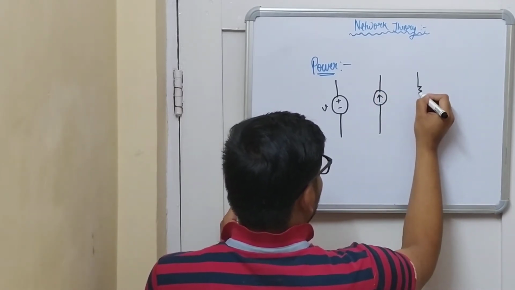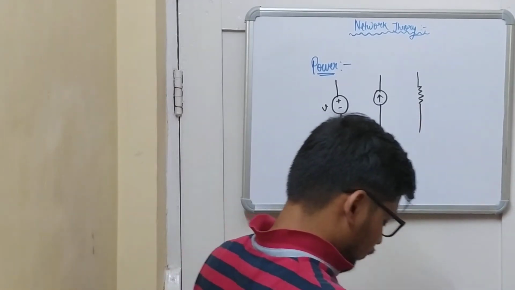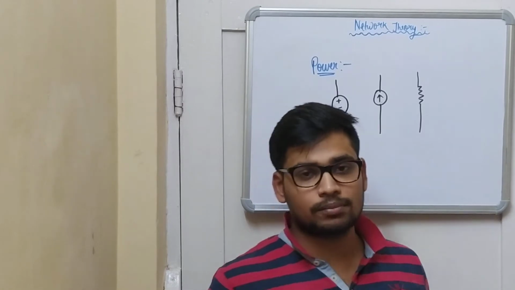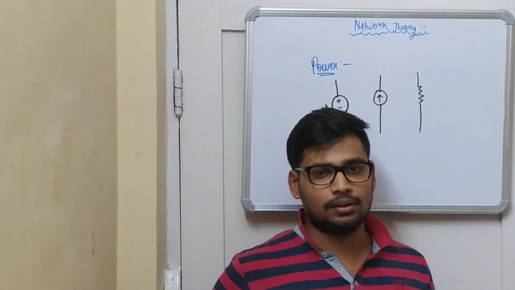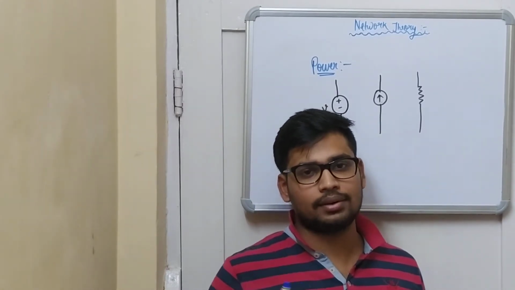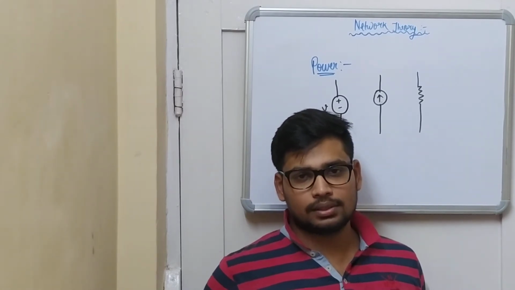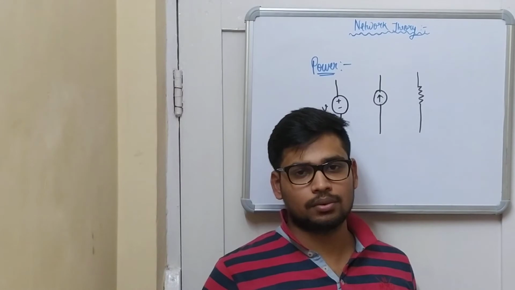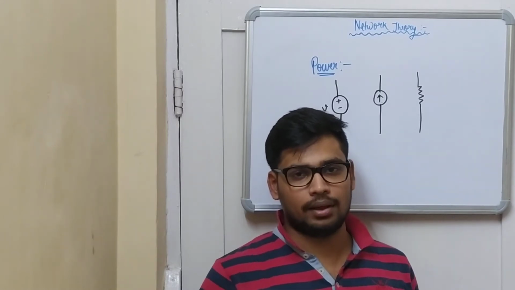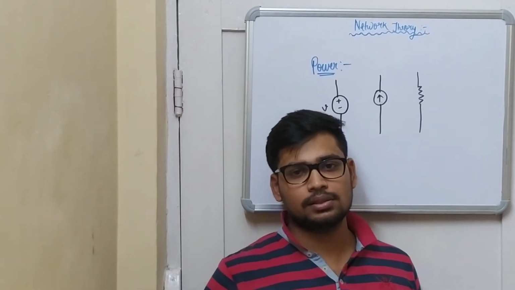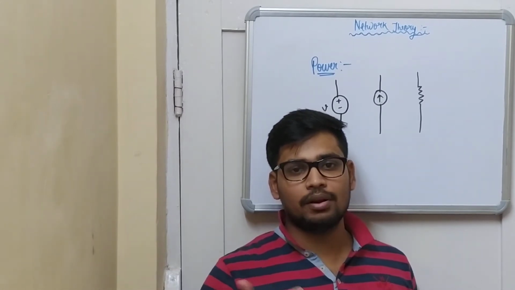There is a resistor, suppose. Now remember, if a current is entering the positive terminal of that element and leaves the negative terminal, then power is absorbed by the element. And if it enters the negative terminal and leaves the positive terminal, it means the element is delivering power.